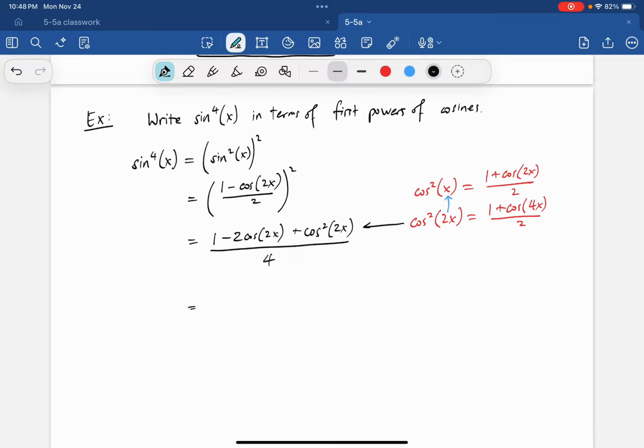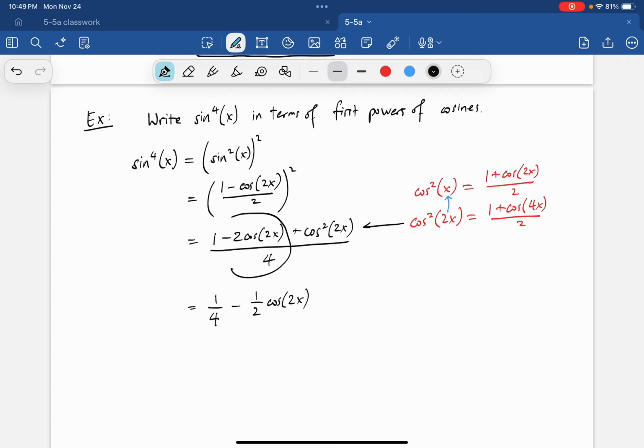Okay, I'm going to have, and here it's best to divide the 4. So divide everything on the numerator by 4. And so split it up into multiple fractions. You're going to get 1/4 minus 1/2 cosine 2x.